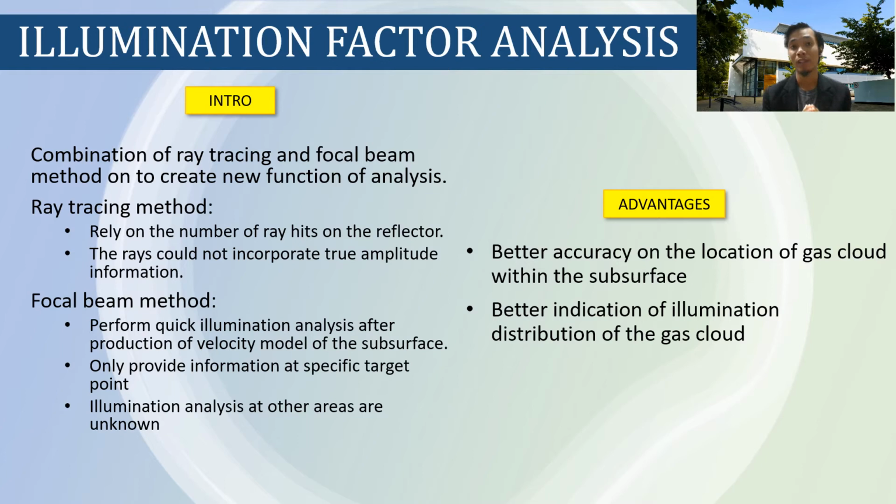The focal beam method, on the other hand, performs quick illumination analysis after the production of the velocity model of the subsurface. This method only provides information at a specific target point, and the illumination analysis at other areas is unknown. So by combining the two methods, illumination factor analysis could give better accuracy on the location of the gas cloud within the subsurface, as well as a better indication of the illumination distribution of the gas cloud.